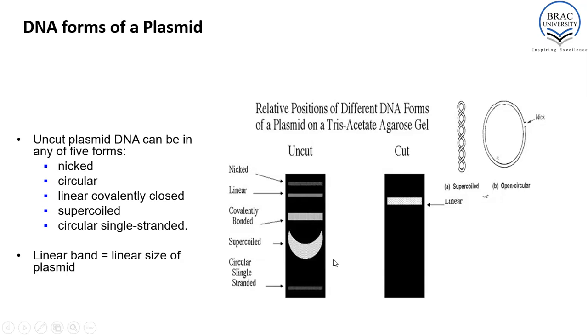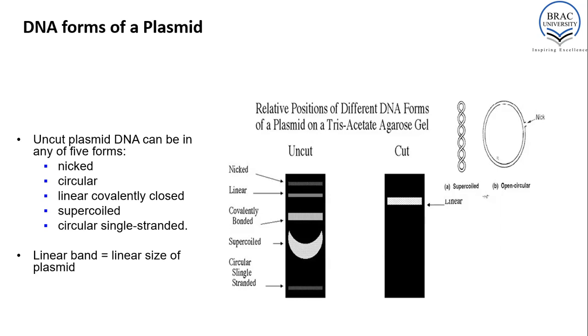The supercoil is the native conformation of a plasmid in host cells, and it is the most commonly occurring form of plasmid DNA. On the other hand, during replication, the cellular topoisomerase can nick one strand of a double-stranded plasmid, and that gives you a nicked plasmid band.